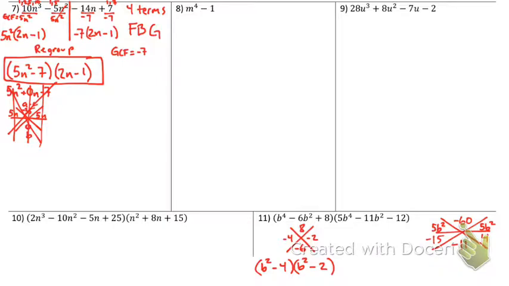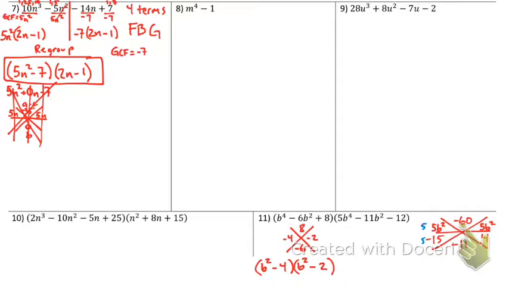So now we want to go ahead and divide here. What can reduce here? It's obvious we can reduce by 5. Over here, we're not reducing by anything. So let's go ahead and reduce by 5 or divide by 5.